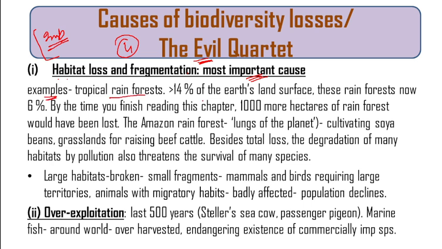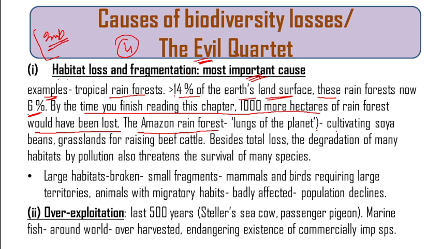An example is the tropical rainforest. It once covered more than 14% of the Earth's land surface. Now these rainforests have become 6%. From 14, they have decreased to 6%. By the time you finish reading this chapter, 1000 more hectares of the rainforest would have been lost. The Amazon rainforest, which is referred to as the lungs of the planet.